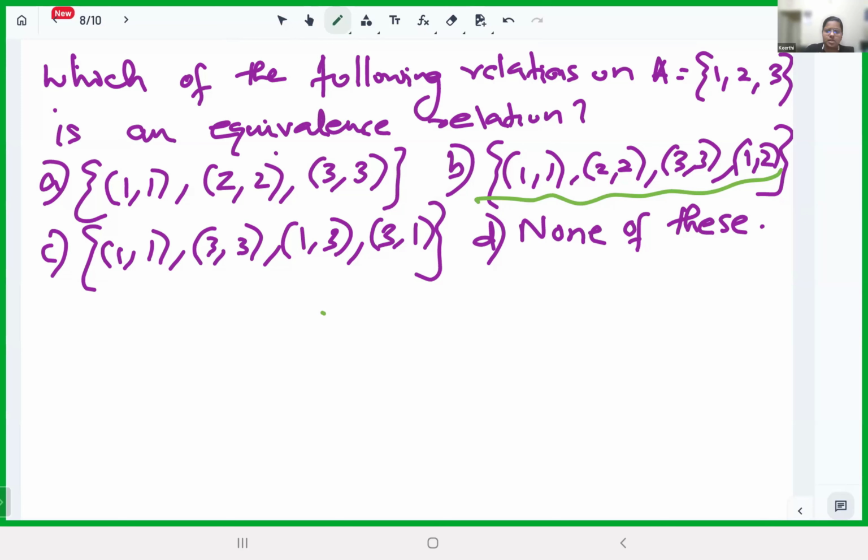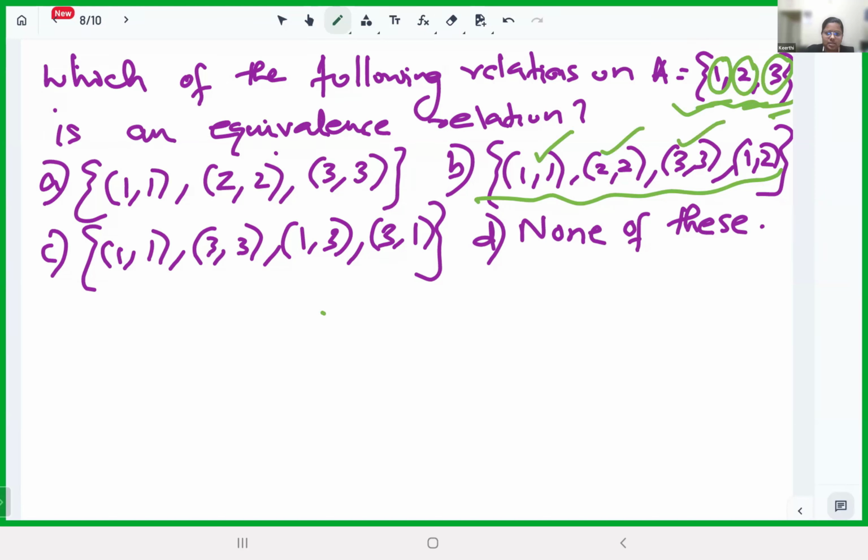These are the elements of the set A. In order for a relation to be reflexive, the ordered pair of each element should be there in the relation. Which means (1, 1) should belong to R, (2, 2) should belong to R, and (3, 3) should also belong to R. So here you can see that (1, 1) belongs to R and (2, 2) also belongs to R. Then you can see that the ordered pair (3, 3) also belongs to R.